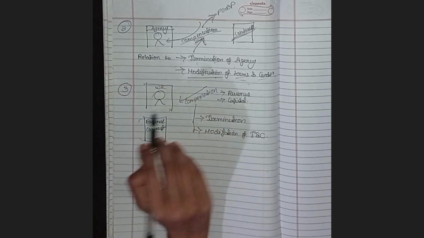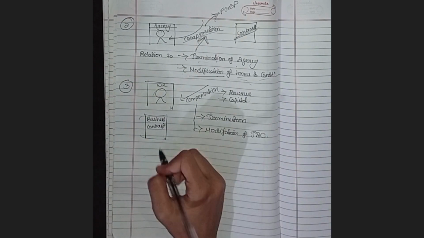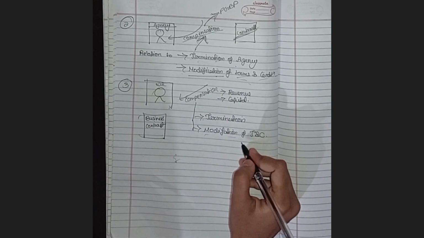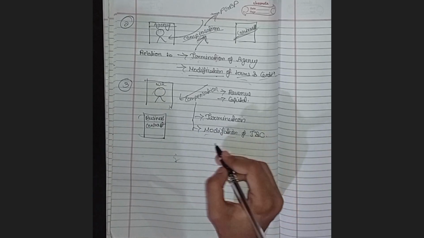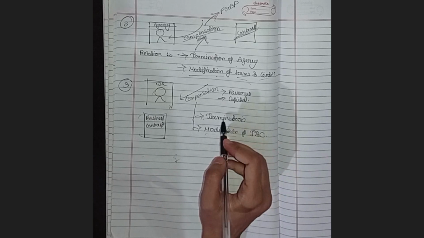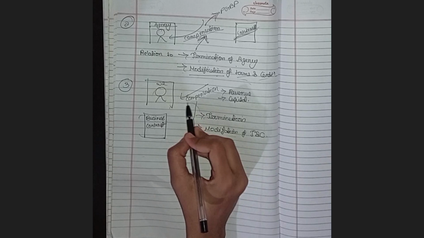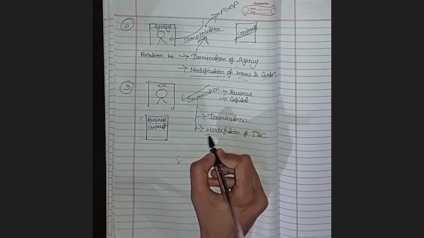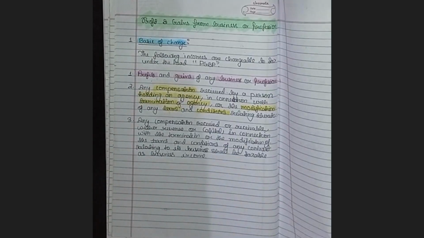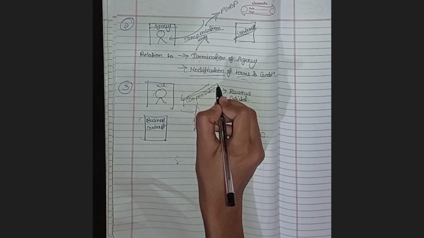Why did I receive compensation? Because someone terminated the business contract, or modified the terms and conditions. Obviously they have to pay me money as compensation.